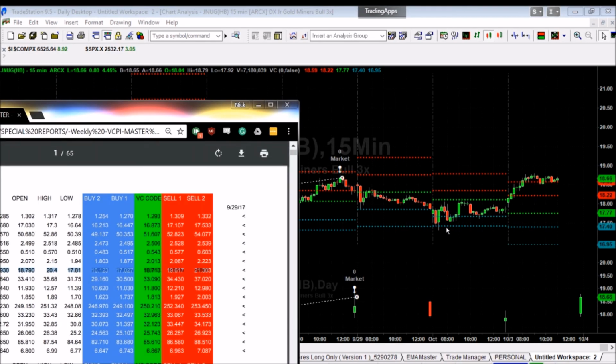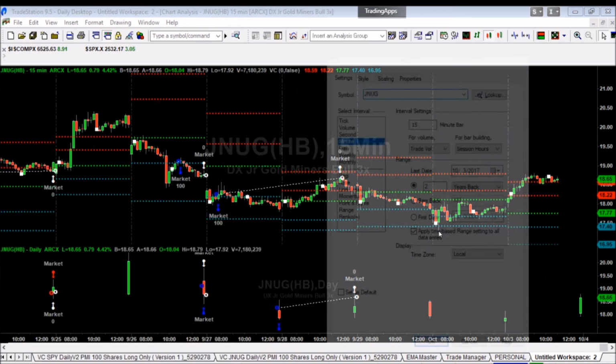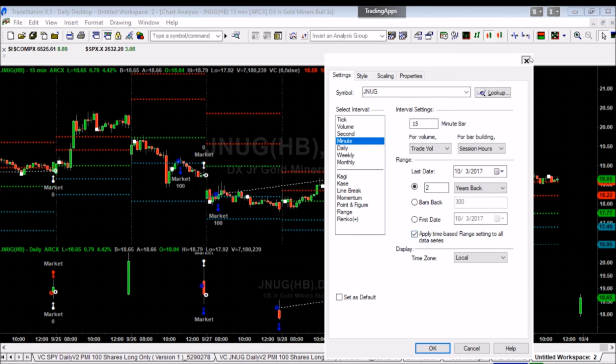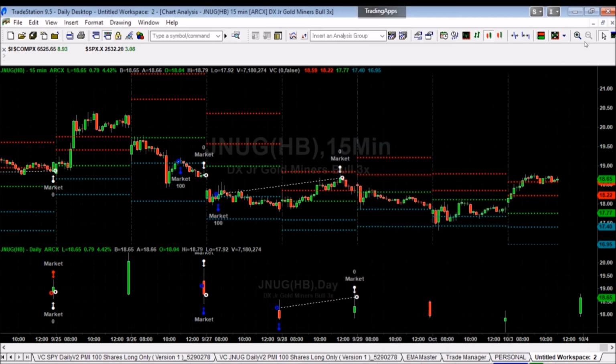And the market has been able to come down to about 1740, 1735 in that vicinity. Not quite down to the low here.